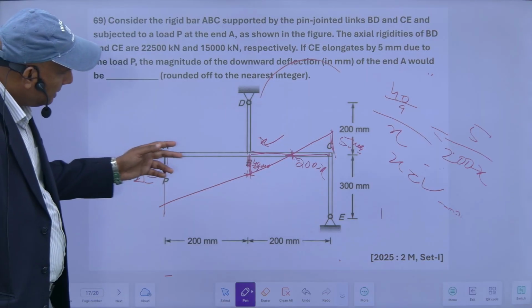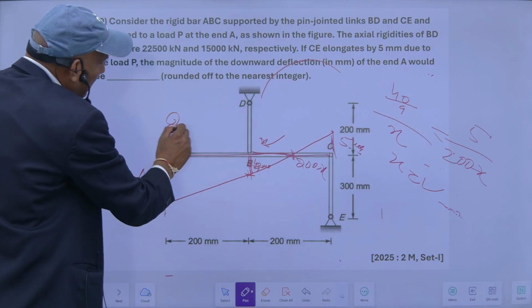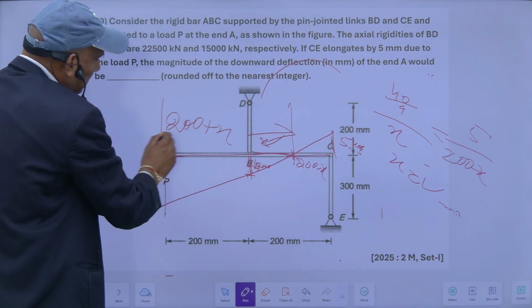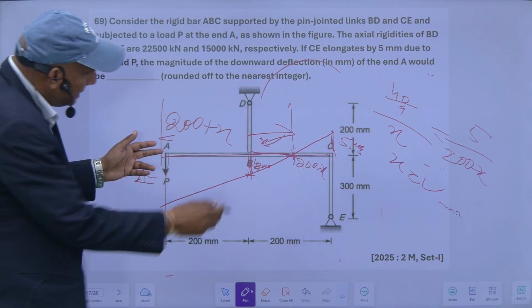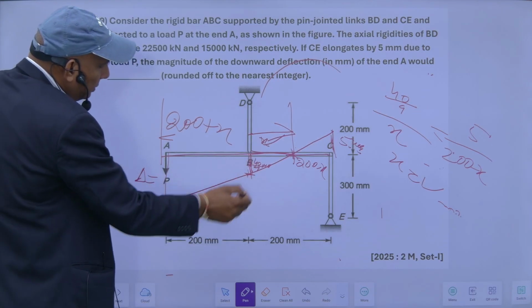So this is known, this is 200, so this length is 200 plus x, this is the total length here.